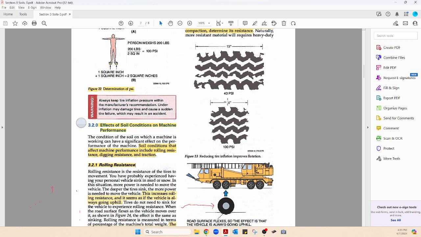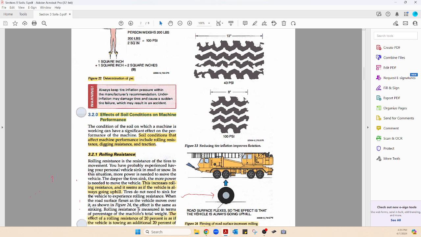They're rolling, so this always stays the same as they're moving. Tires do not need to sink for the vehicle to experience rolling resistance. When the road surface moves over it, the effect is the same as sinking.